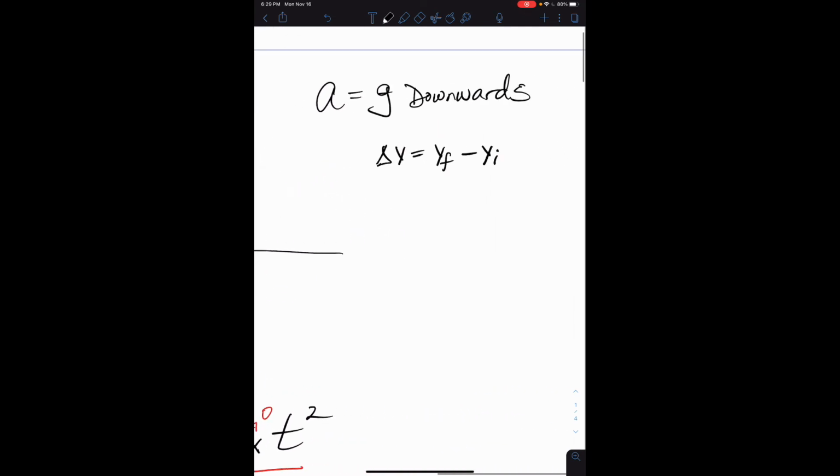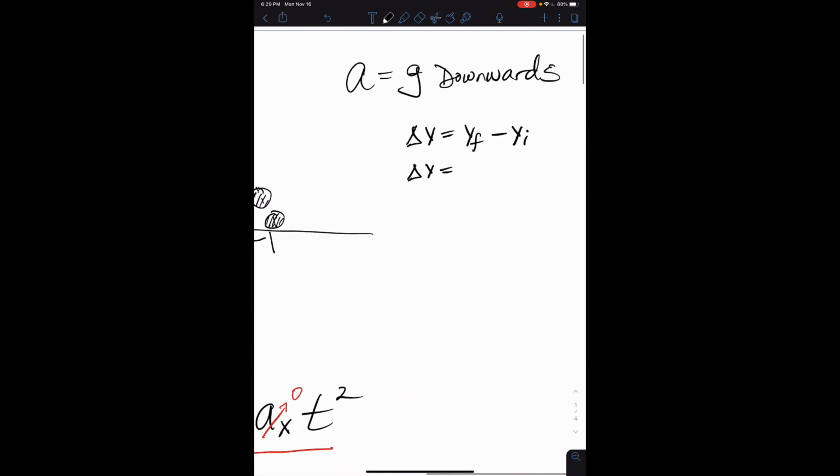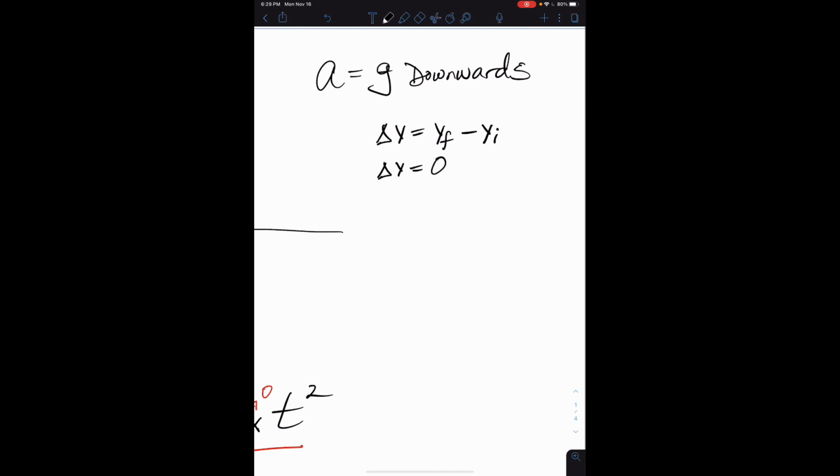Then you can see that delta y, because down is negative, or down is less than the 0.93, you can see that we plug 0 in here and plug 0.93 meters in here, you can see where that negative sign comes from.